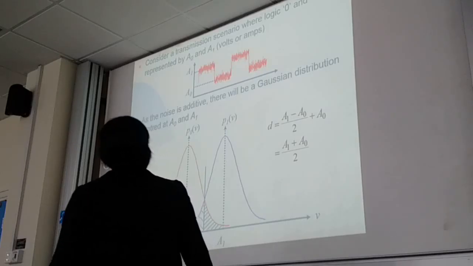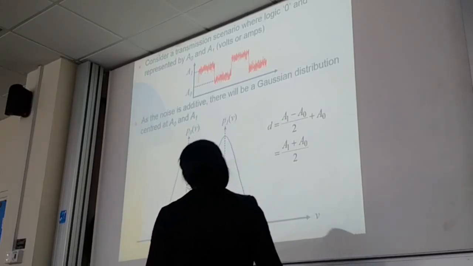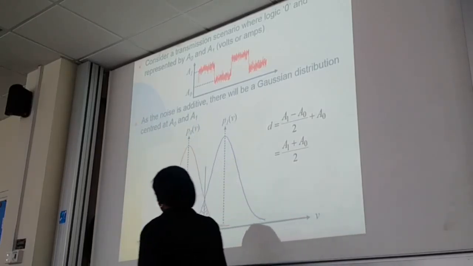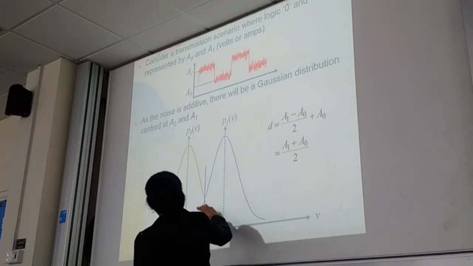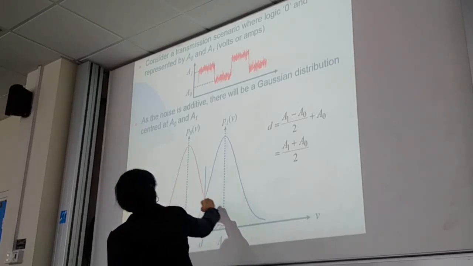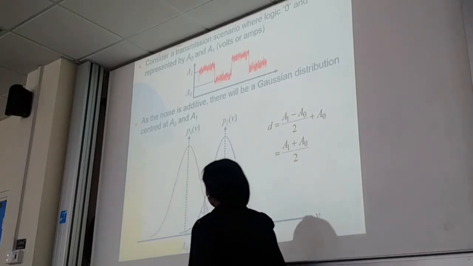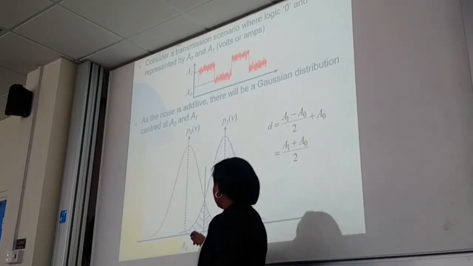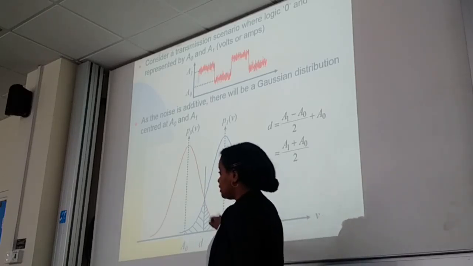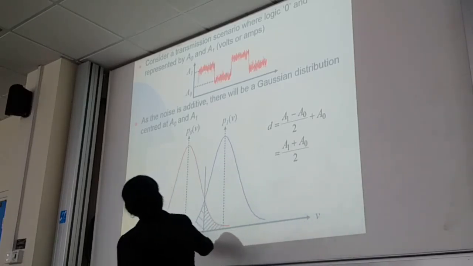You can obtain the probability of the error 0 by integrating the curve over this area between D to infinity. And for the other error, it will be the other way around.